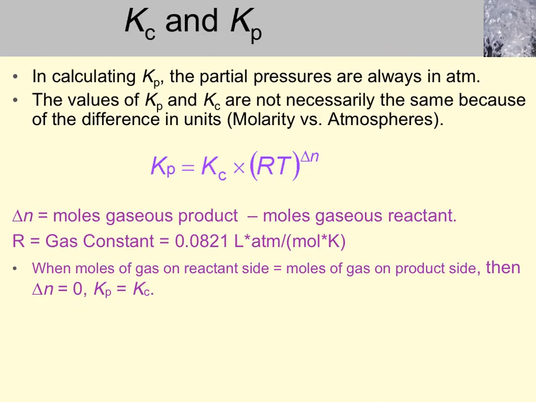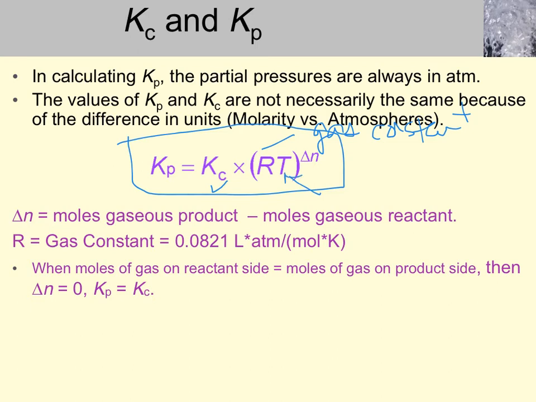So the mathematical expression for Kp, the equilibrium constant in terms of pressure, is right here. It equals Kc, the equilibrium constant in terms of concentration, multiplied by R, which is always the gas constant. Doesn't that just seem to show up everywhere? Times temperature in Kelvin, raised to delta n. What is delta n?